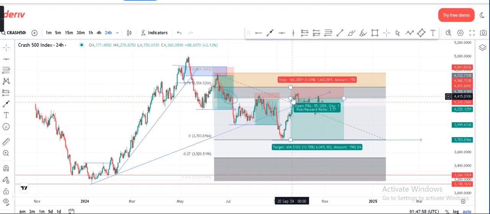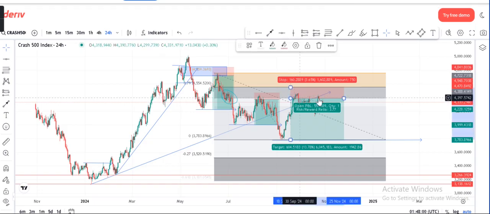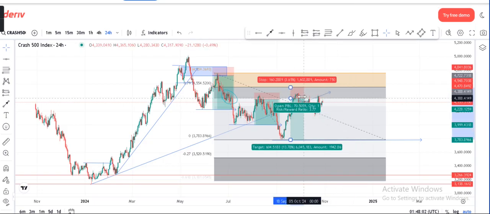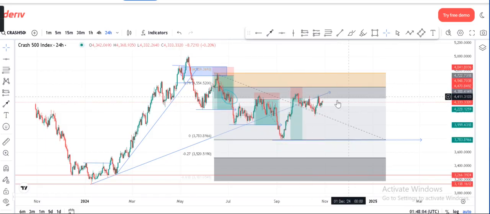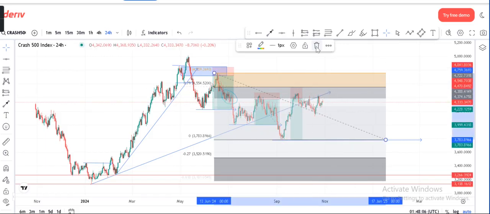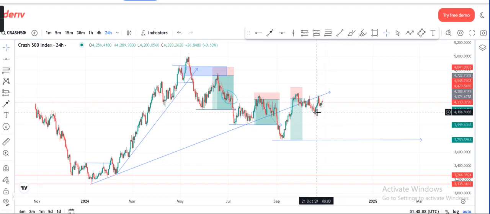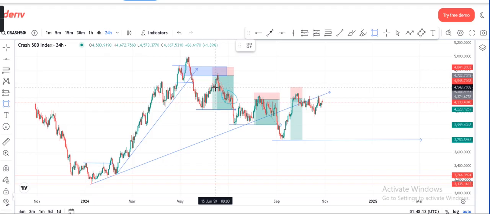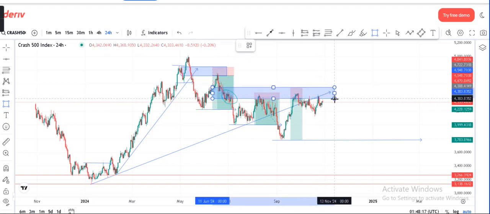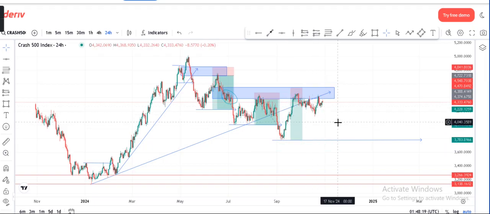So this being the case, we would simply push it onto this area, then we come down to the higher time frame. So this is actually the zone we are looking at trading from.